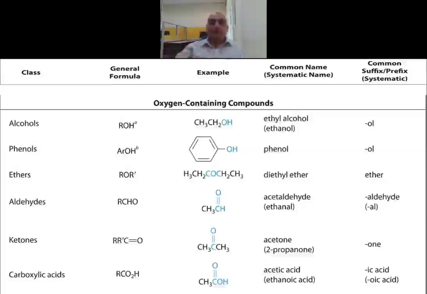So if we see here, the functional group is present at position number 2. 1, 2, 3. If we count from here, 1, 2, 3. So from the left side or the right side, you can start your numbering. So the name of the compound is 2-propanone.